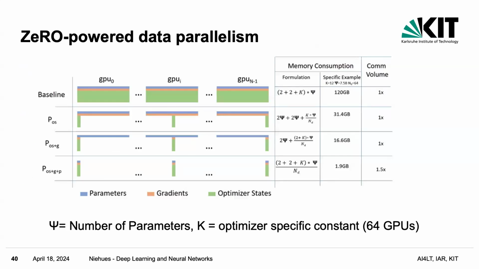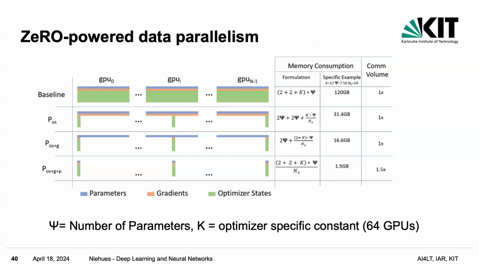So you have here n GPUs, and in the baseline, what do you need to store? The main thing you have to store is your parameters. You also have to store your gradients, of course, since you do the gradient calculation. And we'll come later to that: when we do the optimization, it's often a bit more complicated than the simple formula we had, where we just do some hyperparameter times the gradient.